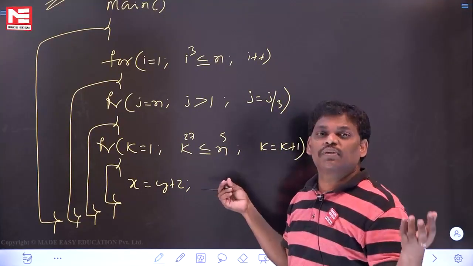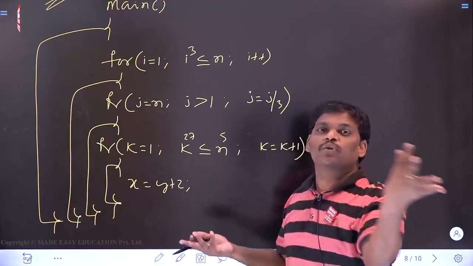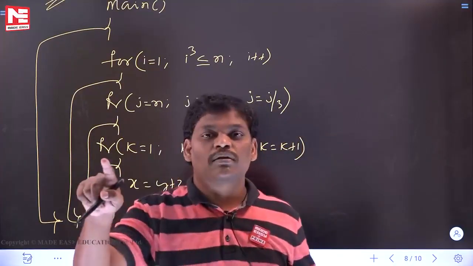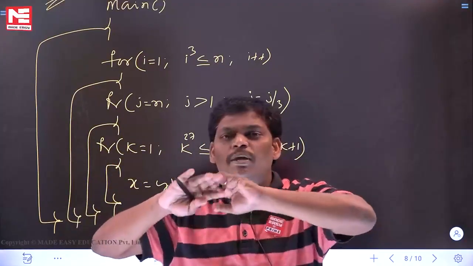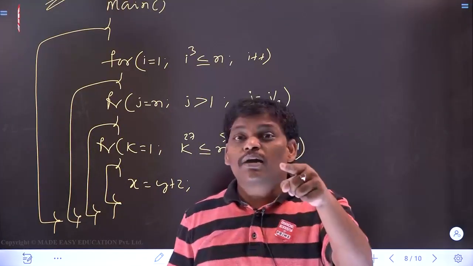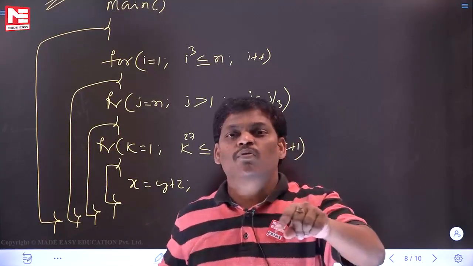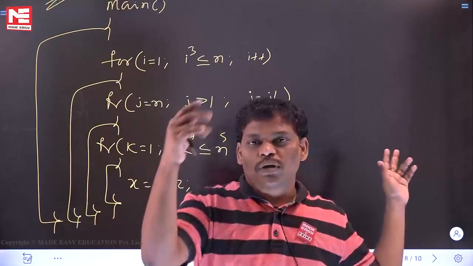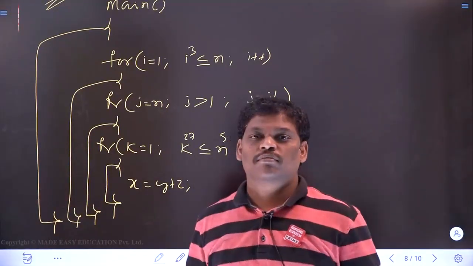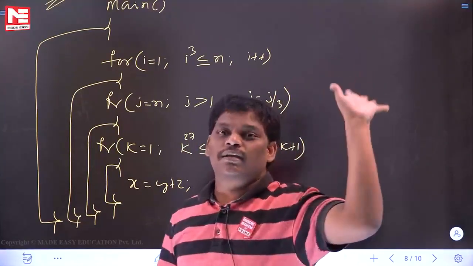As a CSE person, you are also a CSE person, I am also a CSE person. How can I bring something new every time? If I could bring something new every time, whatever I say would be new if you belonged to the mechanical branch or the chemical branch. Because you are computer science and I am computer science, it is not possible to bring something new every time. If it is new, you are lucky.